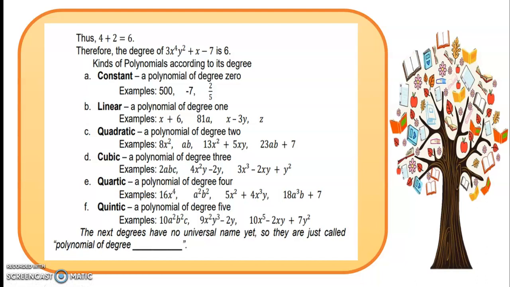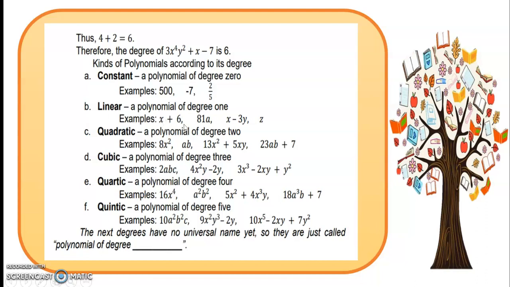So, kinds of polynomials according to its degree. So, we have first constant, a polynomial of degree 0. So, examples, 500, negative 7, 2 over 5, they have no variable. Their degree is 0. Okay, because they have no variable, since we get the exponent of our variable. So, linear, letter B. Linear means a polynomial of degree 1.